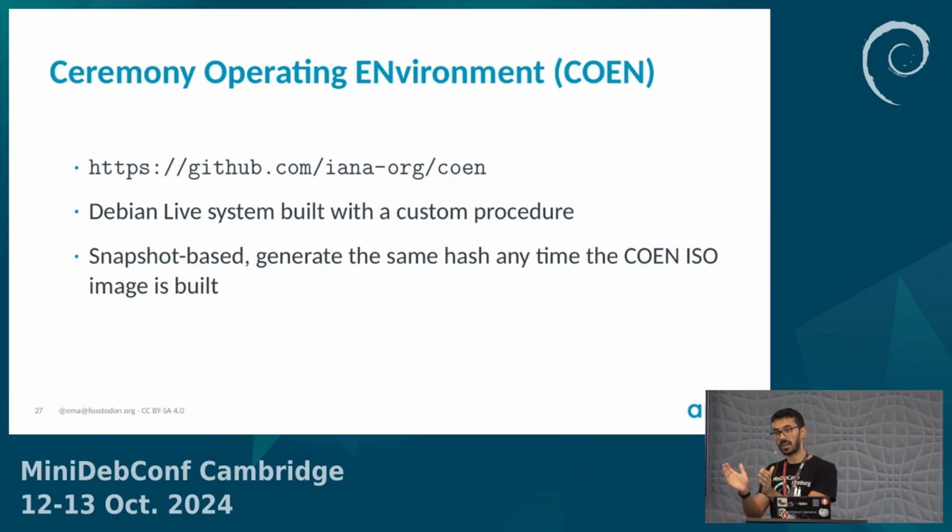So just by passing the date, you manage to rebuild the same ISO. The procedure is based on snapshot.debian.org, so the packages are coming from there. And then, yeah, so at any point in the future, you can double-check that the ISO they used that day is the one you've built now.